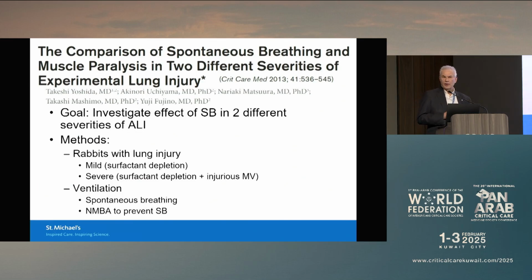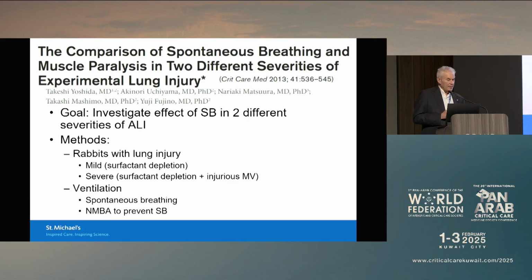I'm going to give you a couple of studies from Takeshi Yoshida. He's done some beautiful work in this area, I think some of the best work. In this particular study, they compared spontaneous breathing and then with muscle paralysis and 2 different severities of experimental lung injury. The hypothesis was that experimental lung injury that was minimal might have less of a different effect than a greater injury.